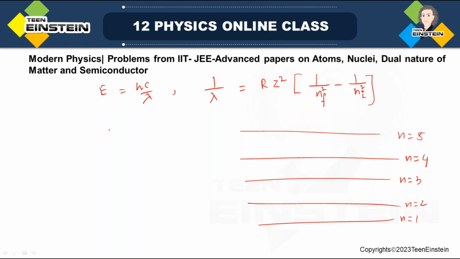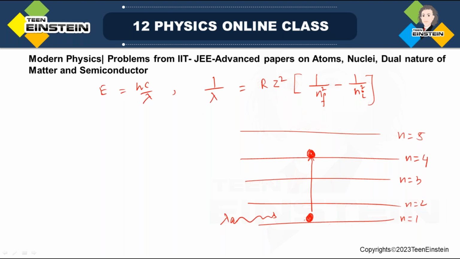So now the question is, see, the electron was there in the ground state, and as soon as it absorbs a photon of wavelength lambda a, it gets excited to n is equal to 4.